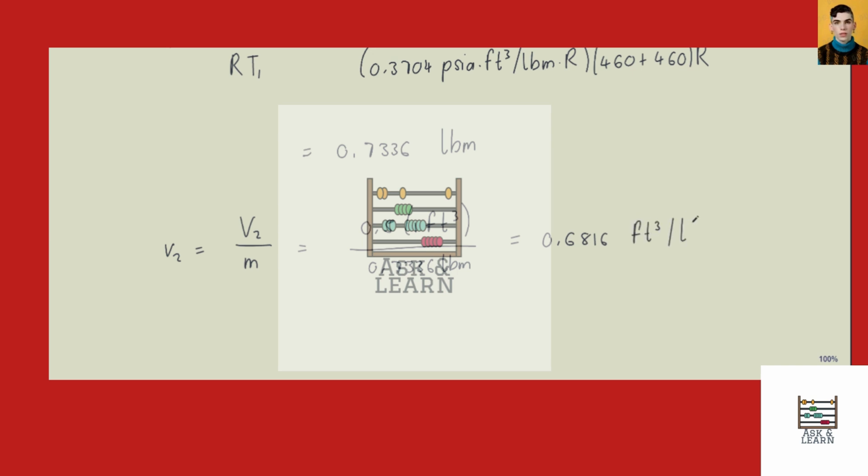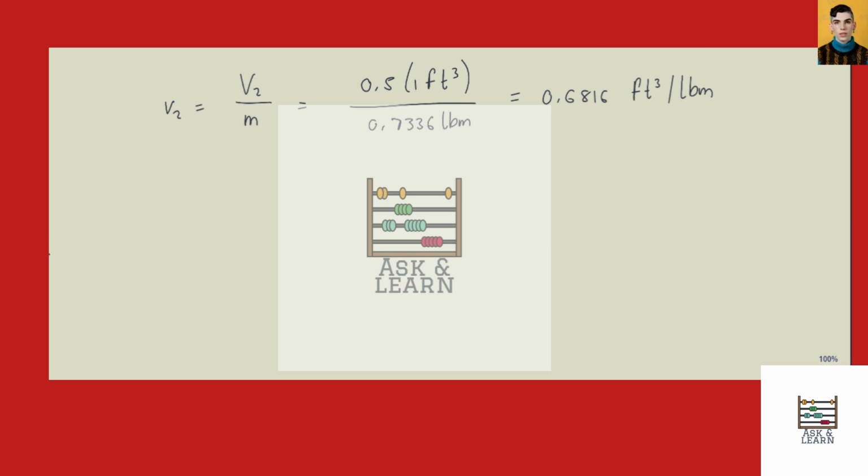cubic feet per pound. Now, as the volume of air decreases, the length of the spring will increase. And the increase in the length of the spring, we'll call it delta X, is equal to the change in volume, delta V, over the area of the piston, AP.